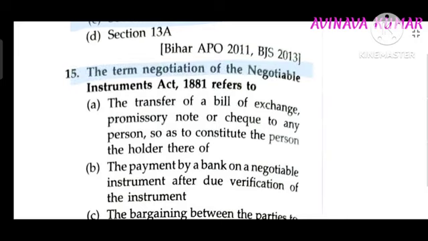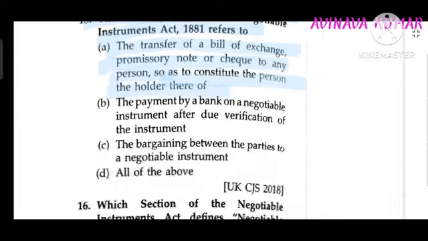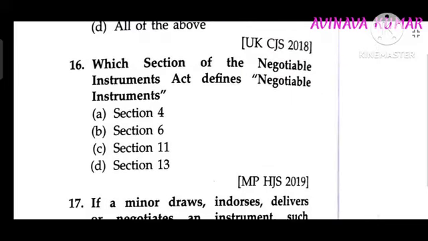The term negotiation of Negotiable Instrument Act refer to transfer of bill of exchange, promissory note or check to any person so as to constitute the person the holder thereof.